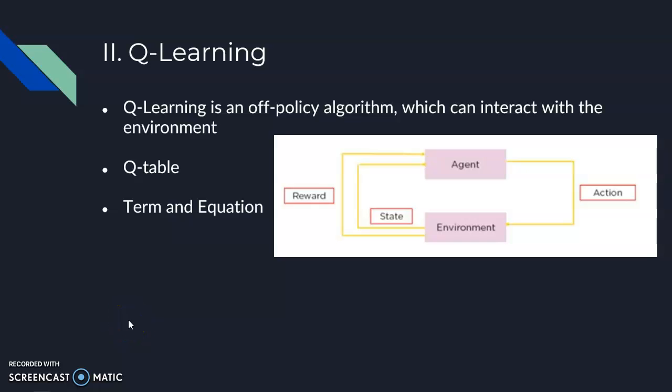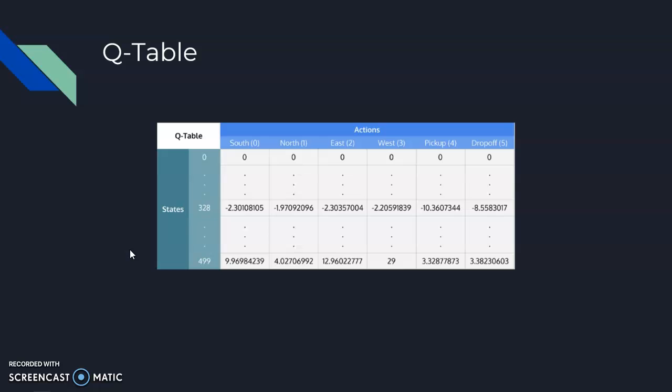And let's talk about the Q table. Here is a sample of the Q table. We will come to approximate a solution when executing our algorithm, and the agent will choose multiple pathways.